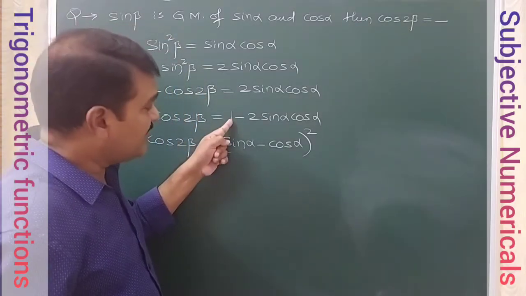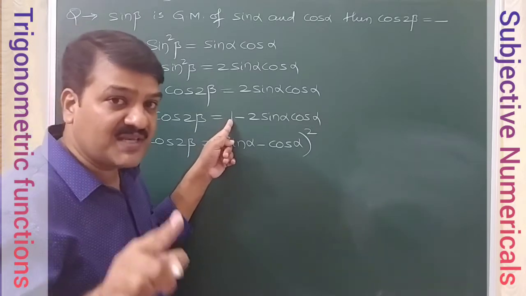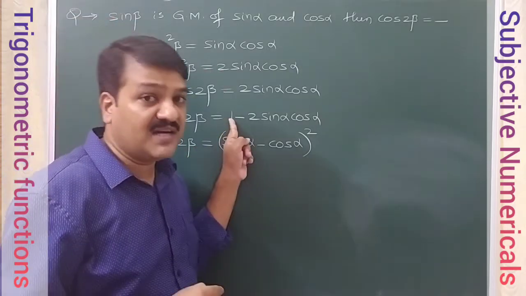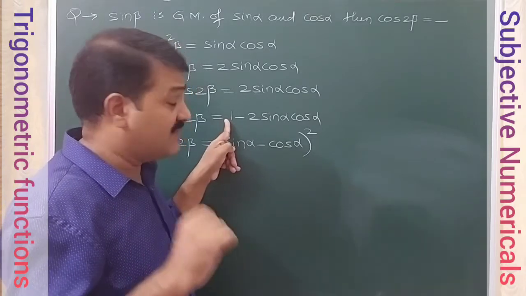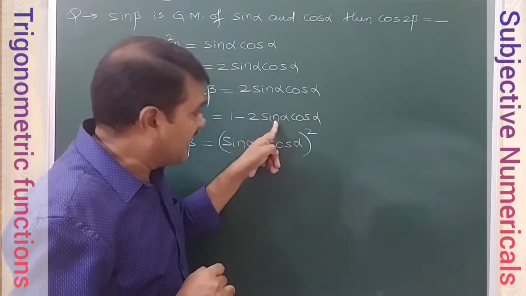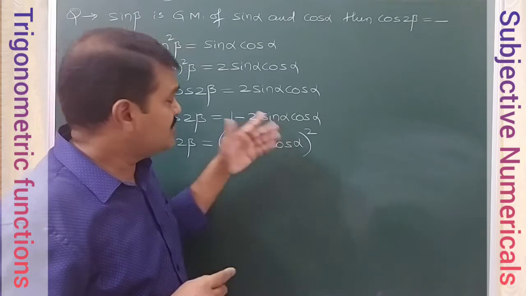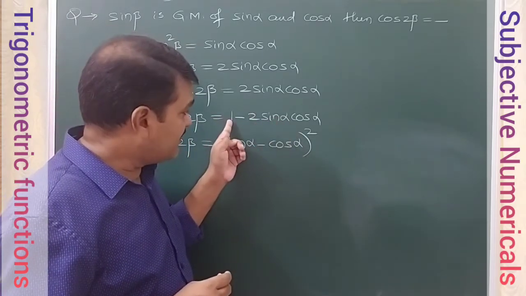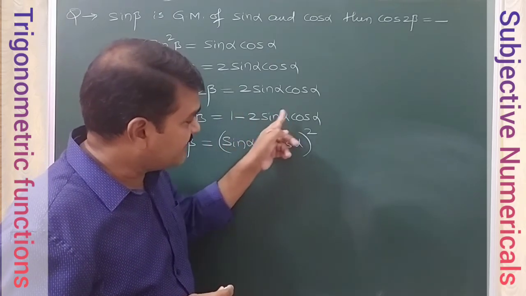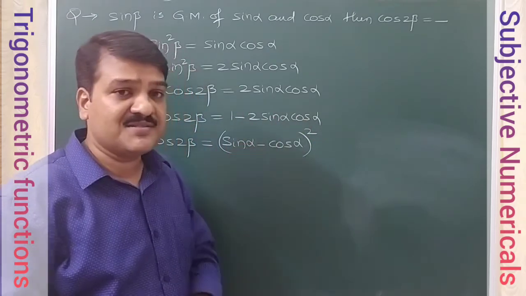Because this 1 can be replaced with sin square alpha plus cos square alpha. In place of 1, if you write sin square alpha plus cos square alpha minus 2 sin alpha cos alpha, it is just the a square plus b square minus 2ab model. So sin square alpha plus cos square alpha minus 2 sin alpha cos alpha can be written like this.